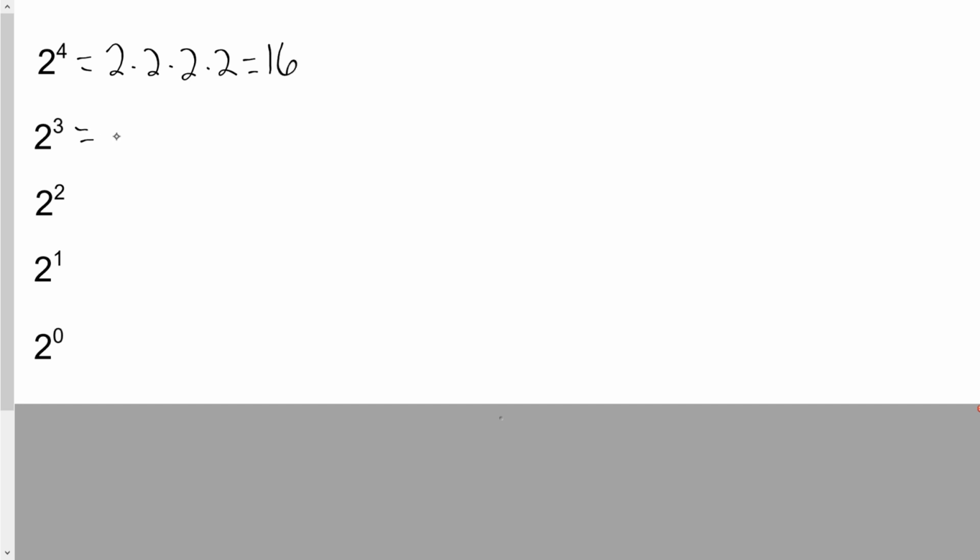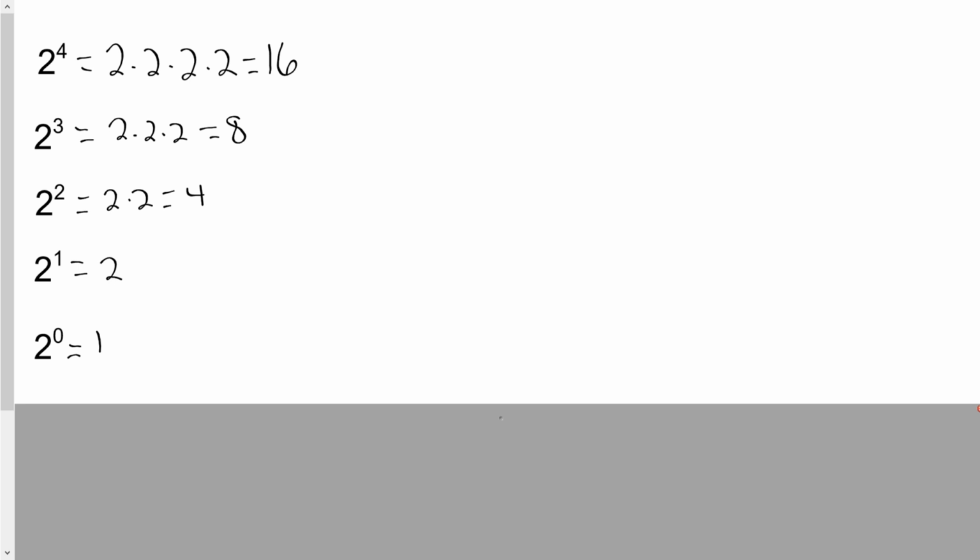2 to the power of 3 is 2 times 2 times 2. 2 to the power of 3 is going to be 2 times 2, which is 4, times 2, which is 8. 2 squared is 2 times 2, which is 4, which means 2 to the power of 1 is just 2. And we just talked about how 2 to the power of 0 is 1.